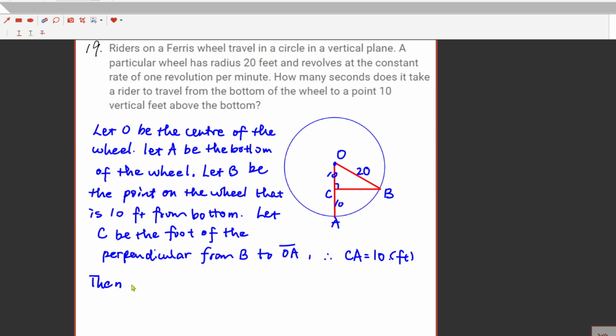And according to the setup, we know OC equals OA minus CA, which is also 10 feet. And OB is 20 feet. And angle OCB is 90 degrees.